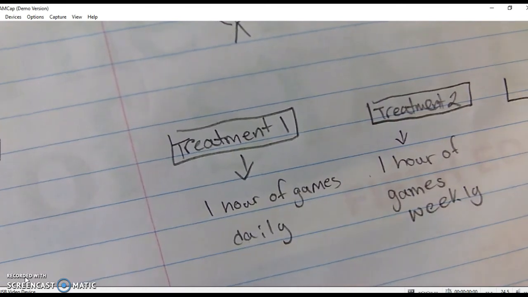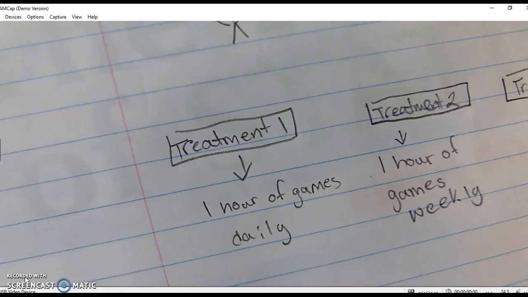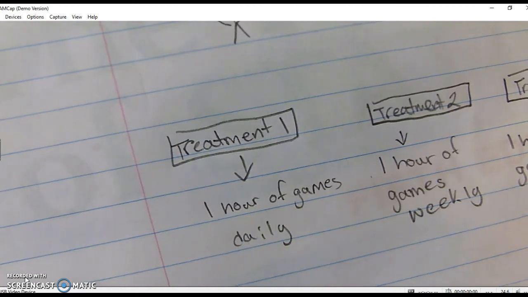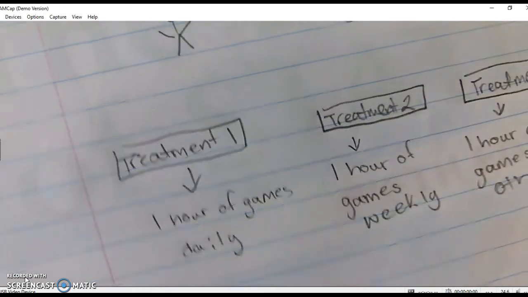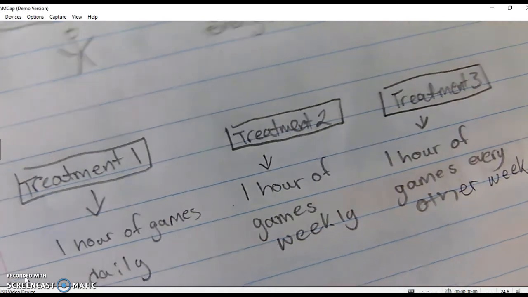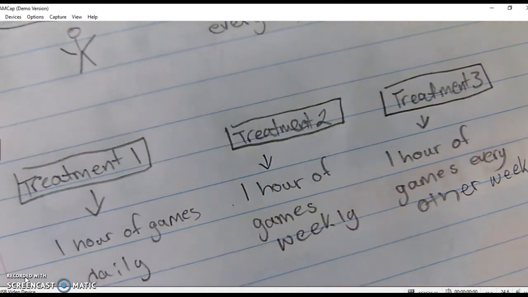And treatment 3, we can say 1 hour of games every other week. Now, we're still going to take students' GPAs before the marking period and at the end of the marking period so that we can see just how their GPA changed as a result of playing video games.